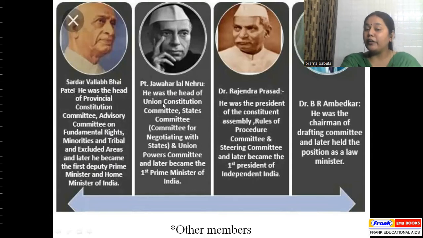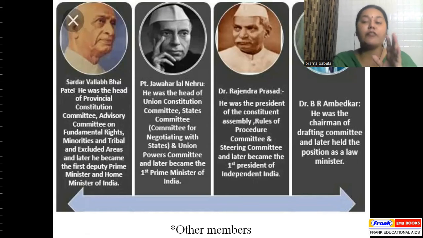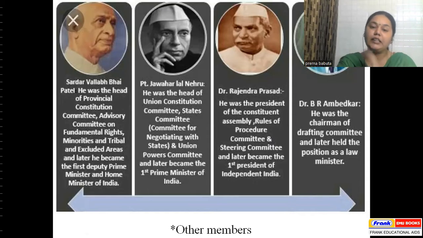In fact, he was the head of the Union Constitution Committee, State Committee and Union Powers Committee, and later he became the first Prime Minister of India. Dr. Rajendra Prasad was the president of the Constituent Assembly, Rules of Procedure Committee and Steering Committee, and later became the first president of India. So Pandit Jawaharlal Nehru became the first Prime Minister, and Dr. Rajendra Prasad became the first president of India.